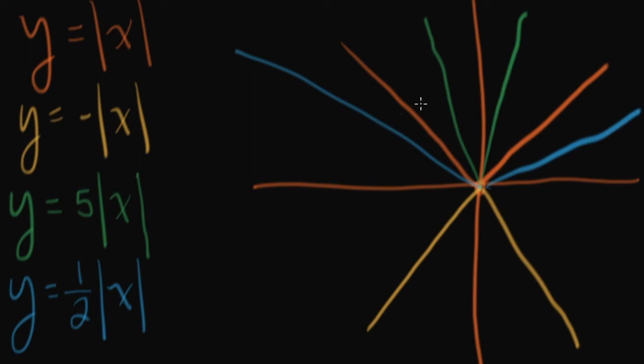Okay. And obviously, if we made these negative, they would do the exact same thing, but go down. Okay. So what happens though when we start adding other numbers into it? Well, if you have things that have a number on the outside, like plus 2.